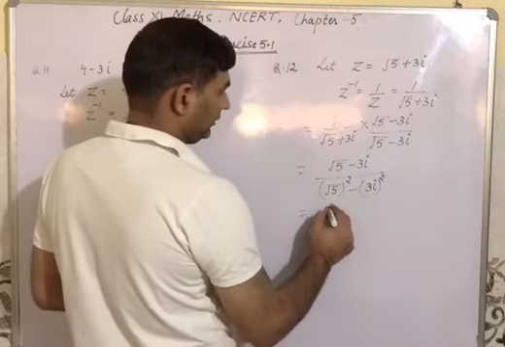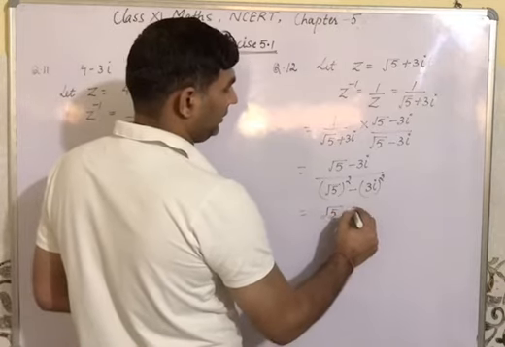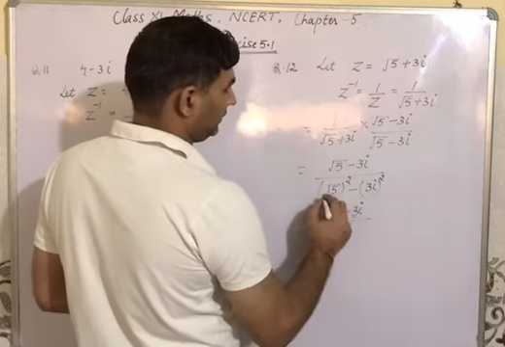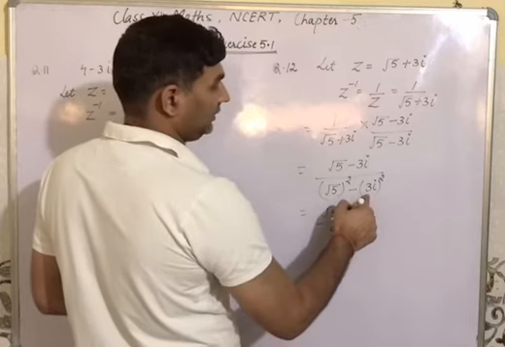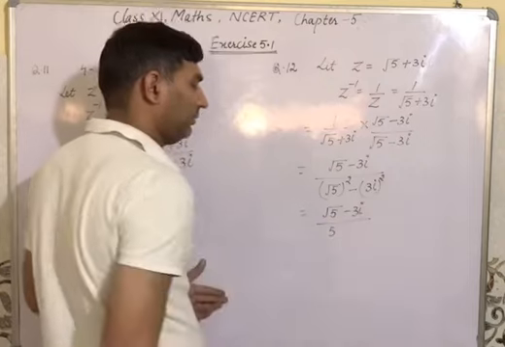Then root 5 − 3i upon 5, and 3 times 3 is 9, i square is −1, so 5 + 9.